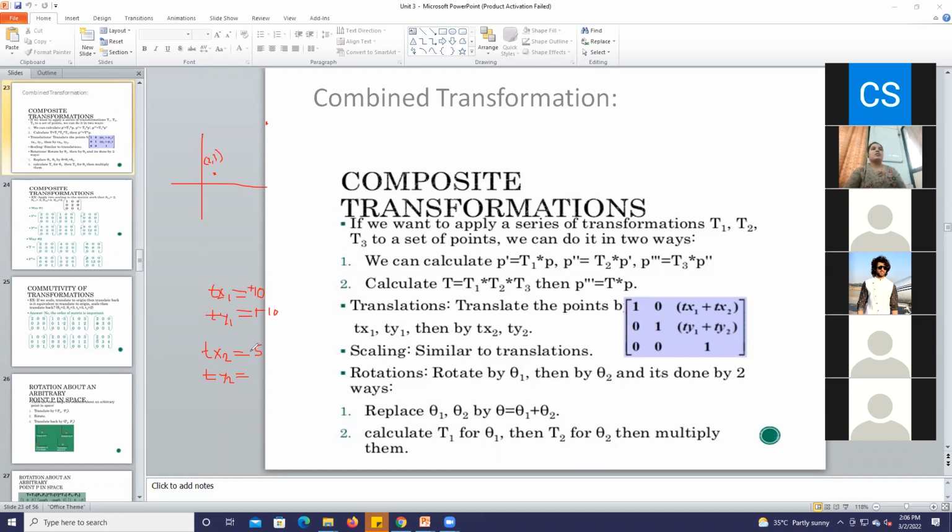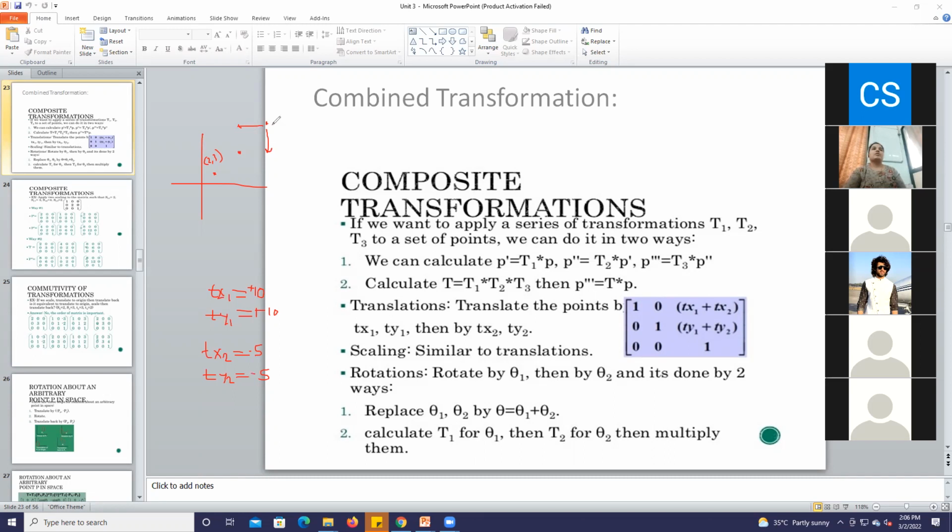Left म्हणजे काय, -5, आणि down म्हणजे काय, again -5. म्हणजेच हा पॉइंट कुठे येईल, 5 units नी डाऊन ला येईल आणि 5 युनिट्स नी लेफ्ट ला येईल, म्हणजे तो पॉइंट इथे कुठेतरी येईल मध्ये. बरोबर. So this is your original point, this is your point after first transformation, and this is your resultant point.